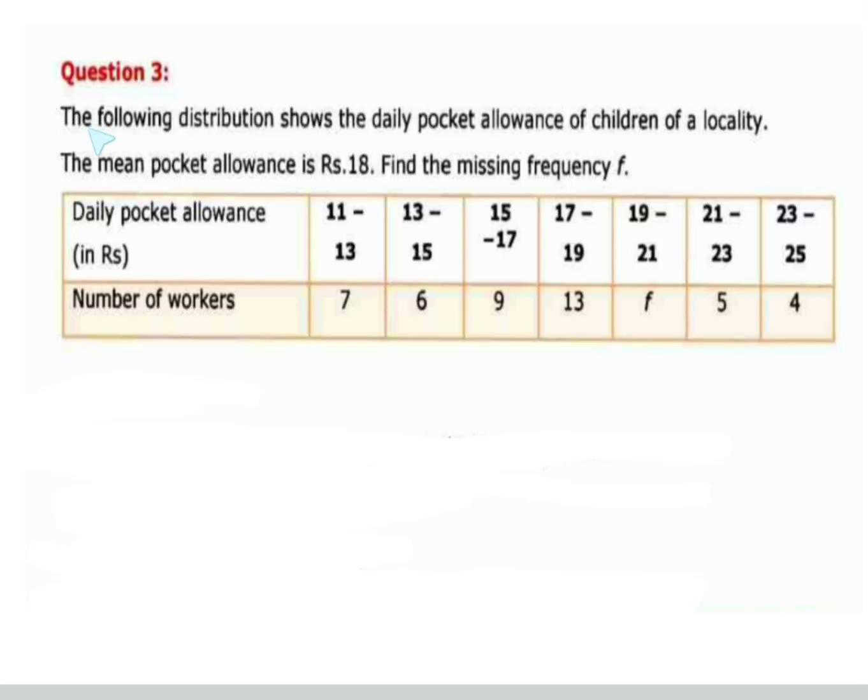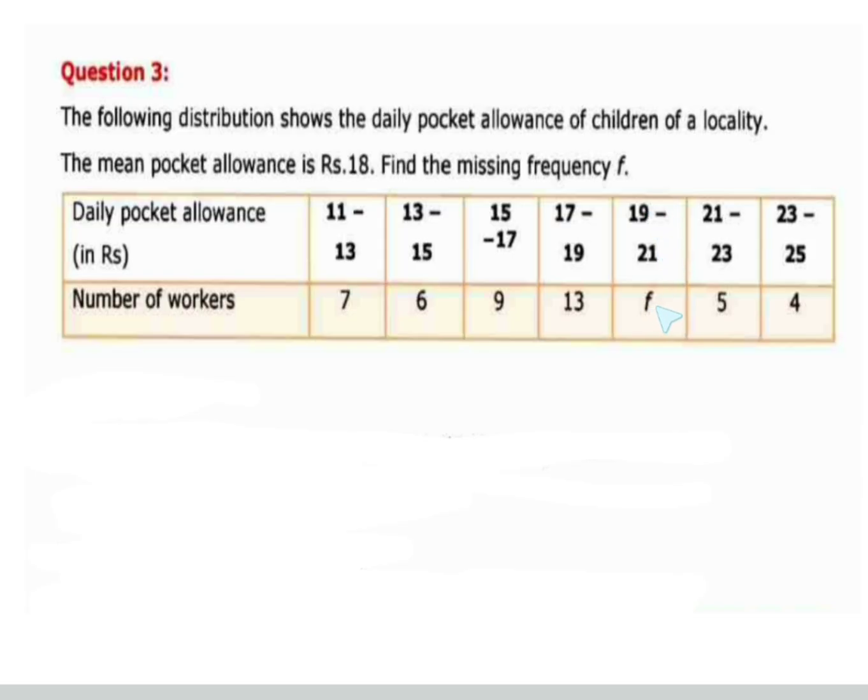Now, question number 3. The following distribution shows the daily pocket allowance of the children of a locality. The mean pocket allowance is 18 rupees. Find the missing frequency f. The daily pocket allowance is in rupees. 11 to 13 rupees, the number of children is 7, and 13 to 15 rupees, 6 members. 15 to 17 is 9, 17 to 19 is 13, 19 to 21 we don't know.